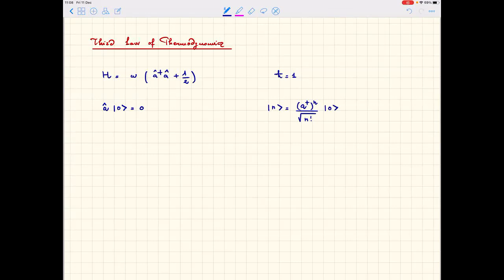And these states are such that the action of H on n is equal to omega times n plus 1/2 times n. So these are the eigenenergies of my system, epsilon n. Okay?